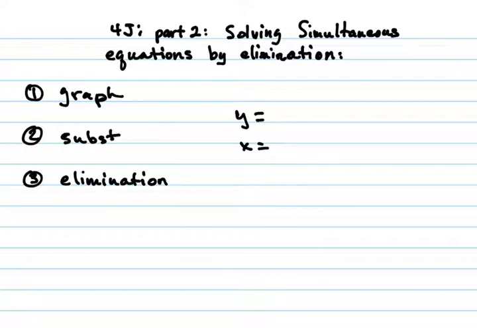You can even do it with division. To get rid of a times b, if I wanted to move the a, the opposite of multiply is divide. So all you're going to do to eliminate something is you're going to use the opposite. Now that's fine if you already have opposites, but most of the time we need to create opposites in order to make this work. So let's go through and talk about the steps for making this work.